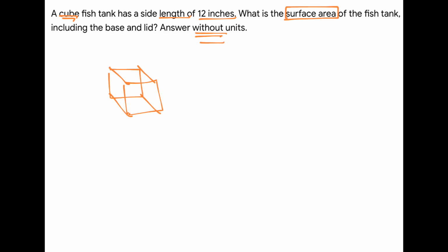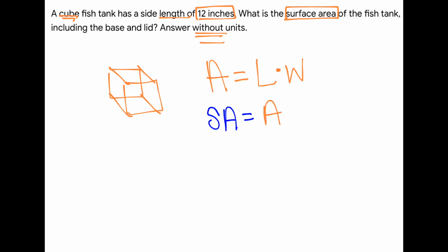So our area equals our length times our width. Since our length and our width are the same thing, because this is a cube, you can go ahead and figure out your area.